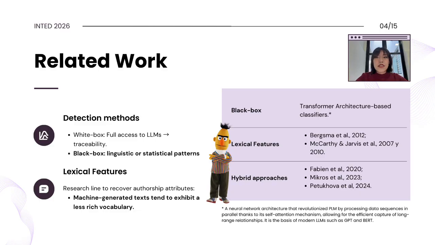Our work focuses on the latter, specifically on lexical features. Previous research has shown that despite their fluency, machines tend to use a less diverse vocabulary compared to humans. So we explore hybrid approaches, combining transformers such as RoBERTa with these stylistic features to improve the detection.